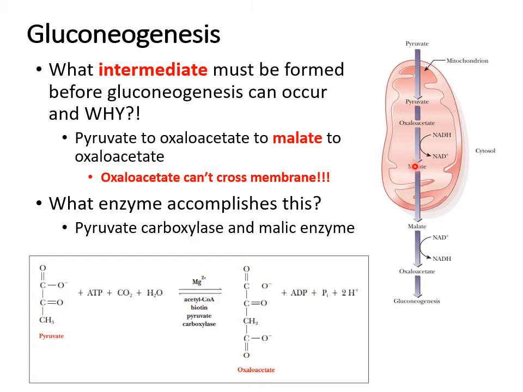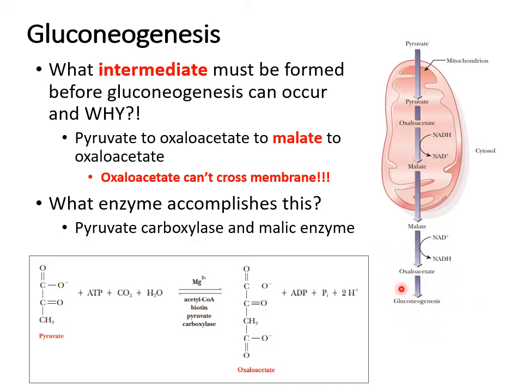And malate can cross the mitochondrial membrane to get outside to the cytosol. You can then have the malate converted back to oxaloacetate, so oxidized, since it was reduced in here. And then now you can have gluconeogenesis occur.